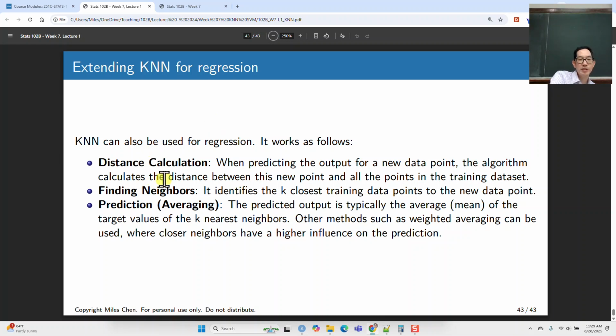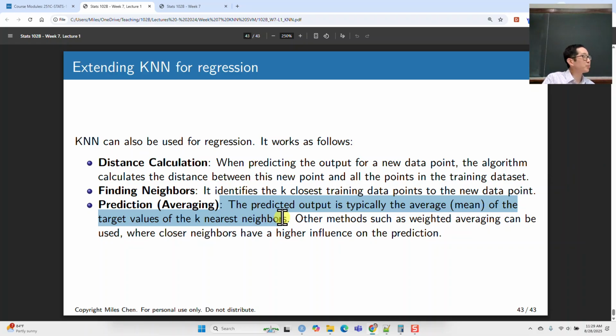Same thing, distance calculation, find your nearest neighbors, and then as far as making a prediction, rather than taking a majority vote of like, is it red or blue, you just take the average of the k nearest neighbors. So if you're doing k equal to 5, you take your 5 nearest neighbors and you take their average.